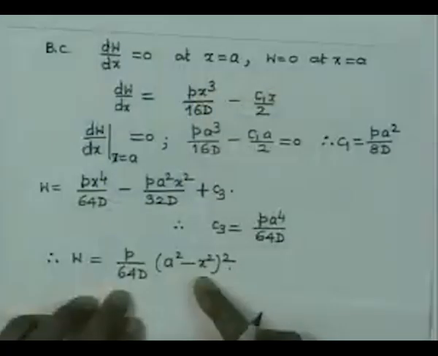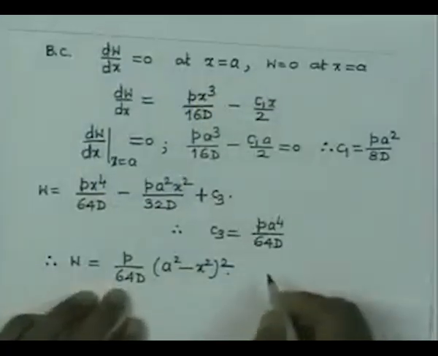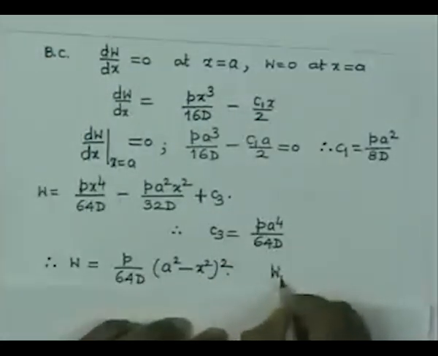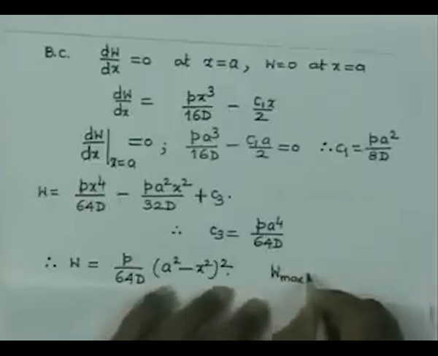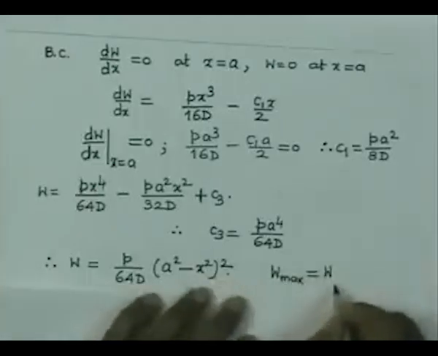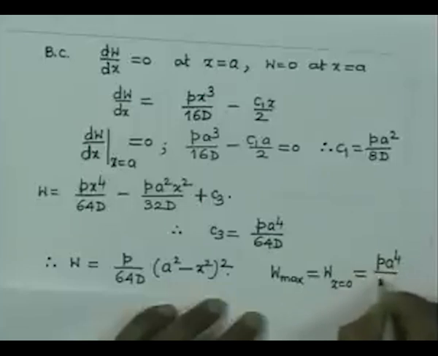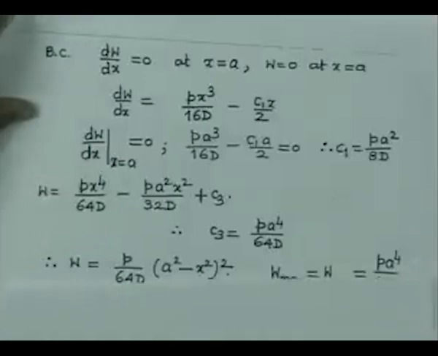It is obvious that at x equal to 0 we are going to have the maximum deflection, and therefore W maximum occurs at x equal to 0, which is nothing but P a^4 by 64d. Now our other interest is to calculate the maximum stresses. Deflection is resolved, so let us now calculate the maximum stresses.